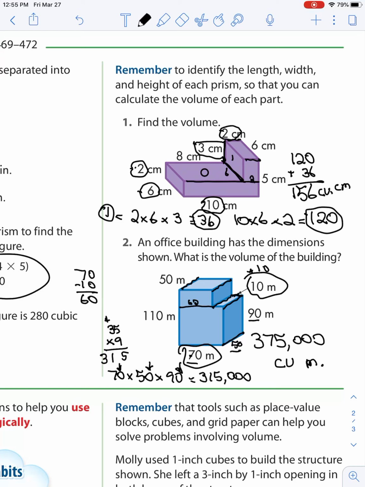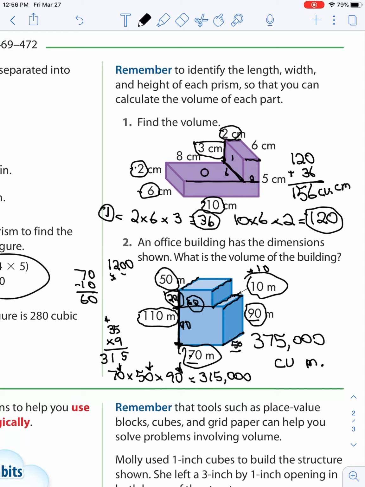So that's pretty tricky. We know that the top part here is going to be 110 minus 90, because this whole thing is 110, and this part is 90. That means this height is 20. So we have 60 times 20 times 50. 60 times 20 is going to be 1,200.